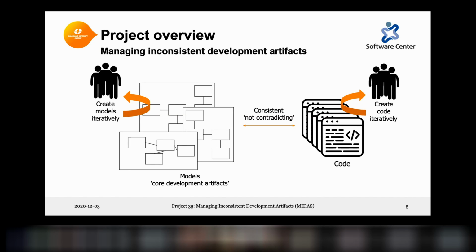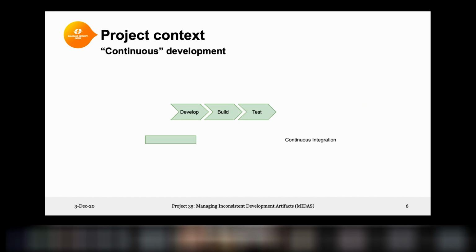To link this more clearly to continuous development, let me introduce in one slide how I see these different phases. We start with continuous integration, in which we frequently integrate the models and the code, so all our artifacts, into some shared repository.